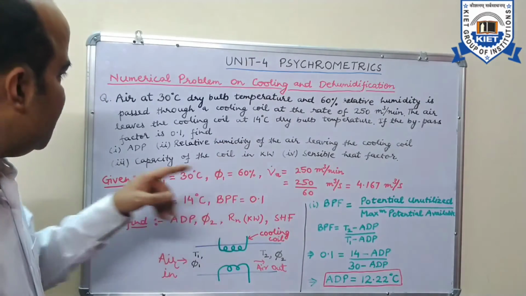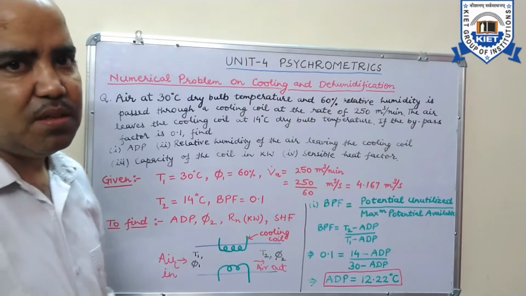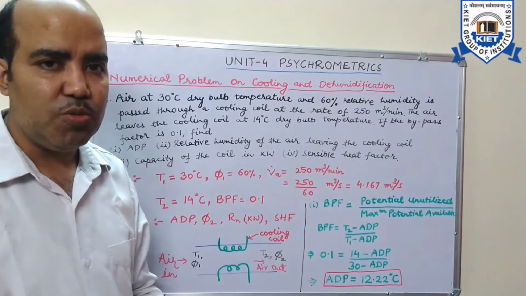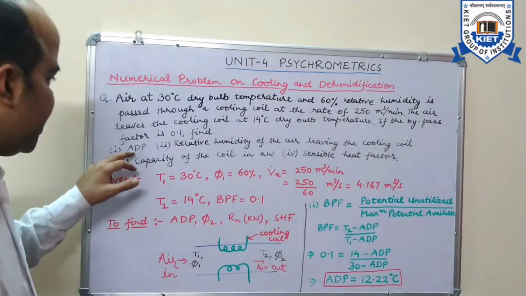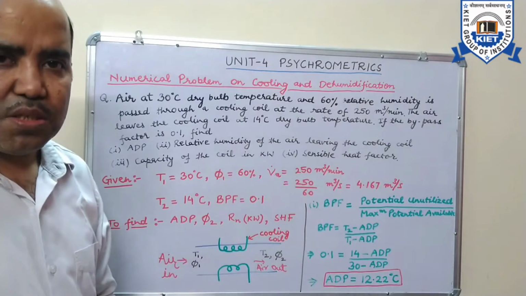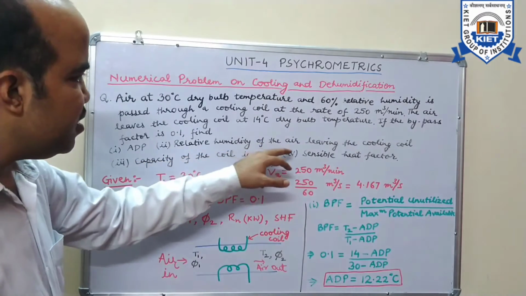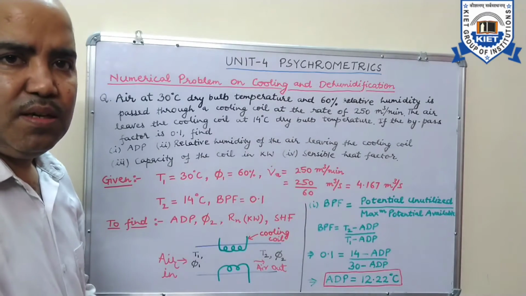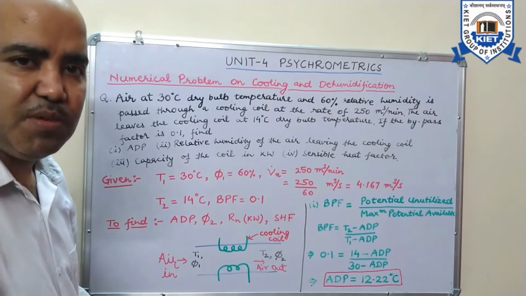The bypass factor of the cooling coil is given as 0.1. We have to find, first, the ADP, that is the apparatus dew point. Second, the relative humidity of the air leaving the cooling coil, that is, the relative humidity at the outlet.